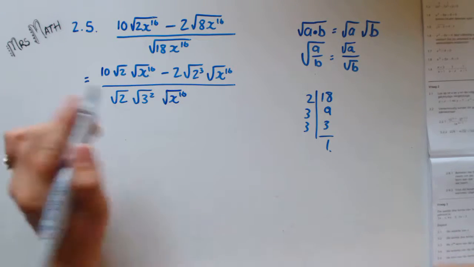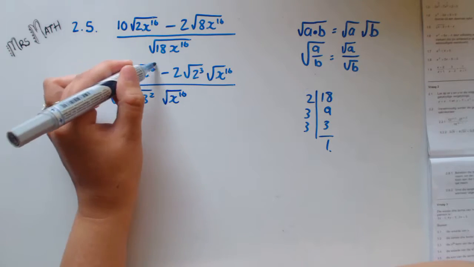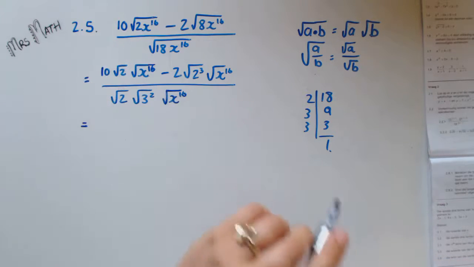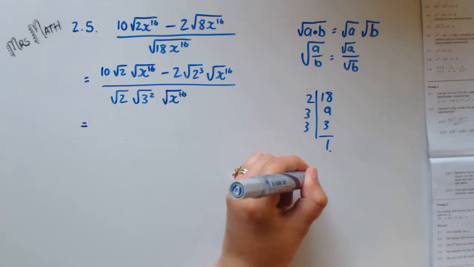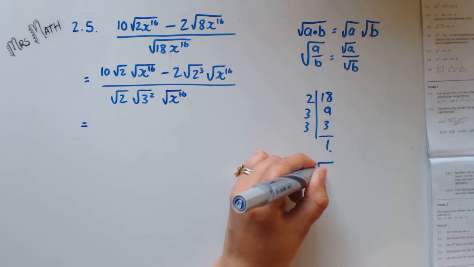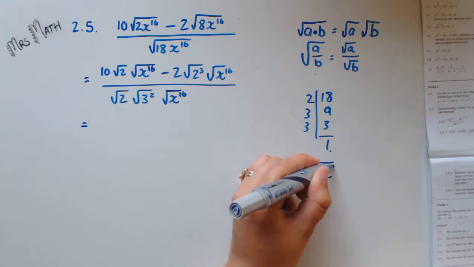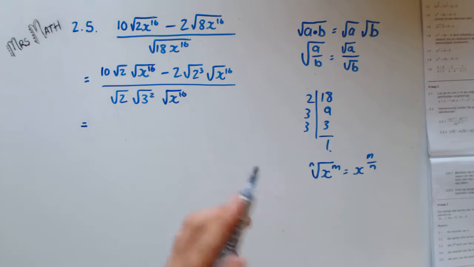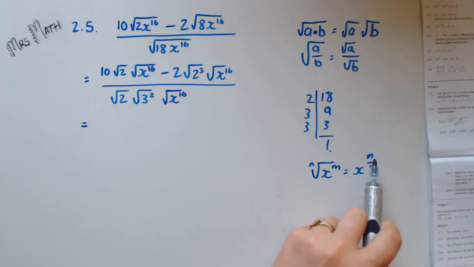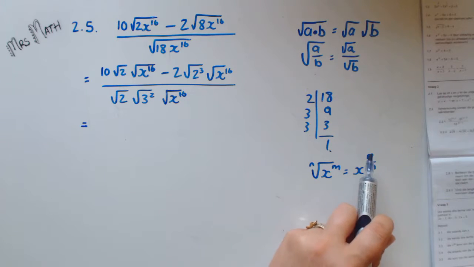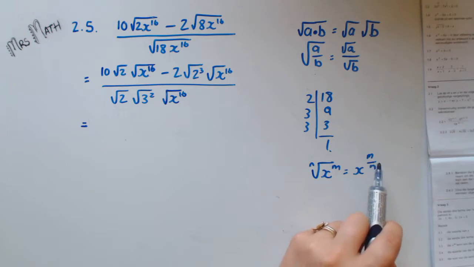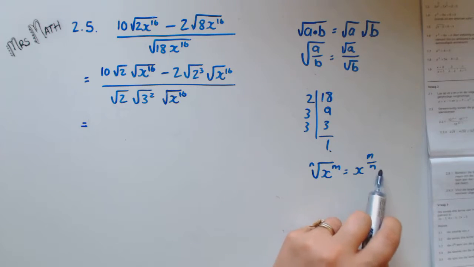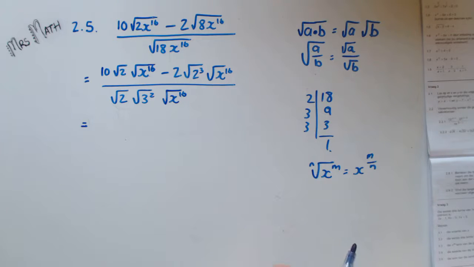Right, so from there on, how I calculate roots when working with powers: there's a law that says the nth root of x to the power of m equals x to the power of m over n. Which basically just means if I have a fraction in my exponent, the numerator is the exponent and the denominator is the root.